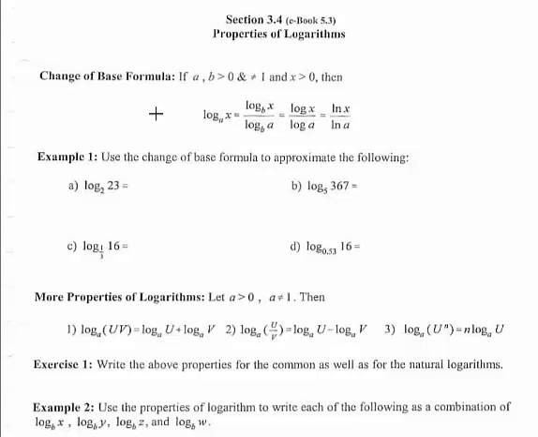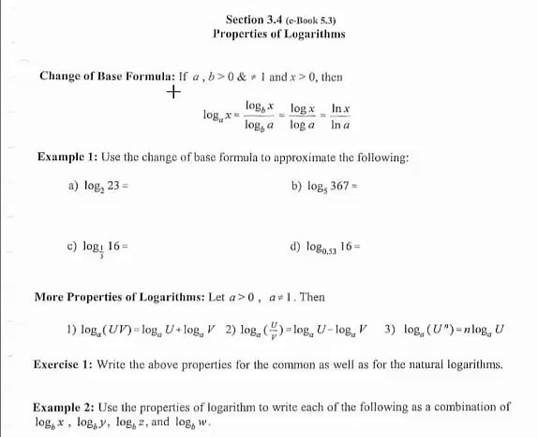Section 3.4, properties of logarithms. We are going to carry forward a little bit further what we know about logarithms from the previous chapter, or the previous section. So far, all we know is basically what the graph of a logarithm function looks like.